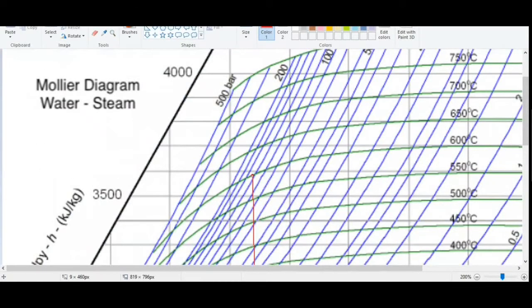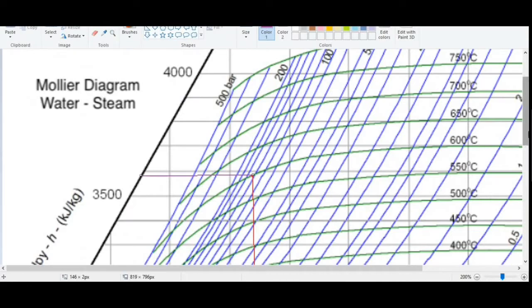Now I will draw a horizontal line with the help of a different color and we will find out the enthalpy at point 1. So here is a straight horizontal line and what is the enthalpy? Now it is after 3500. So the enthalpy at point 1 is 3580 kilojoule per kilogram.